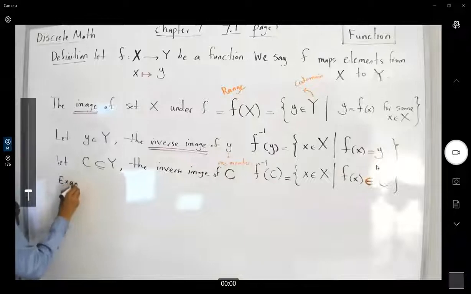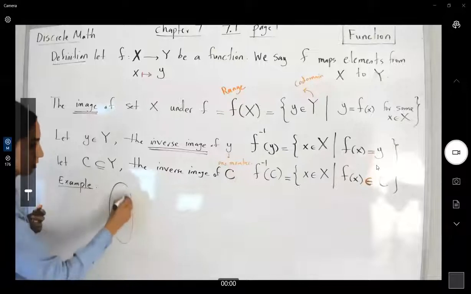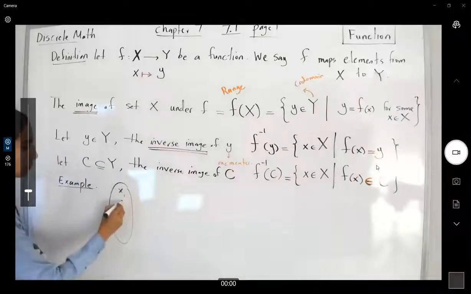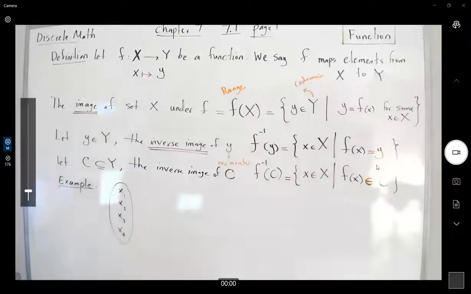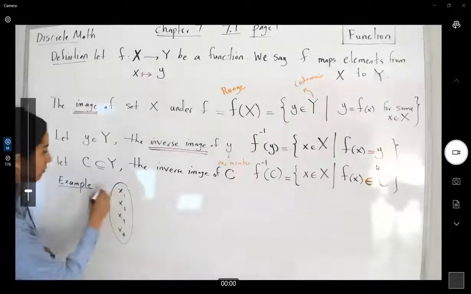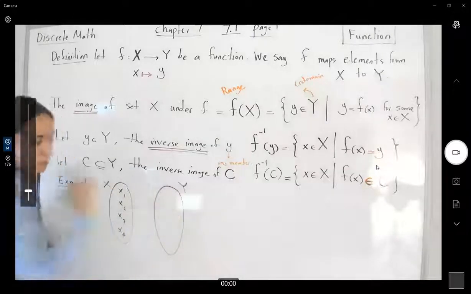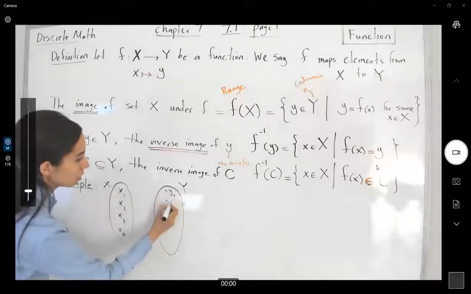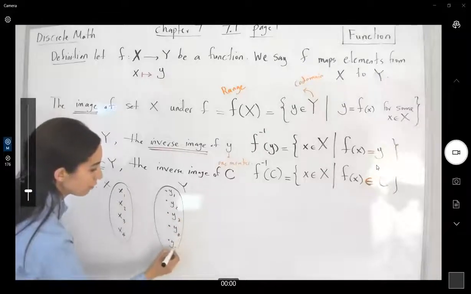Example. Suppose you have the first set, we're going to use arrows: x1, x2, x3, and x4. And I have my second set, the codomain, set Y: y1, y2, y3, y4, y5.